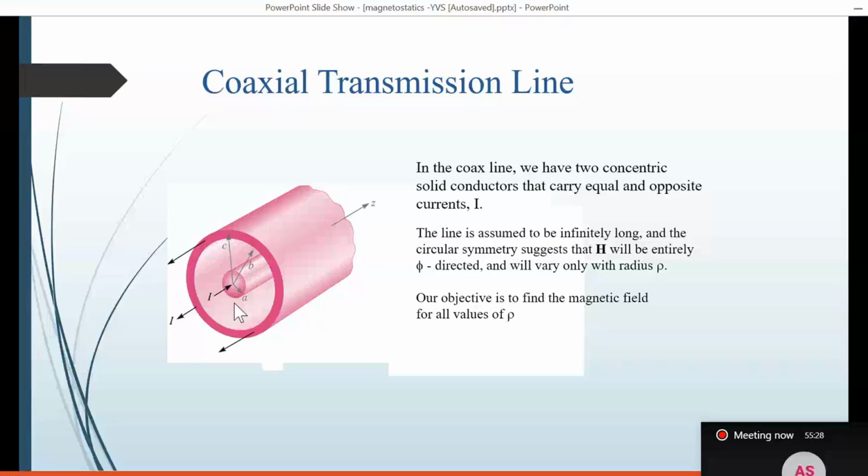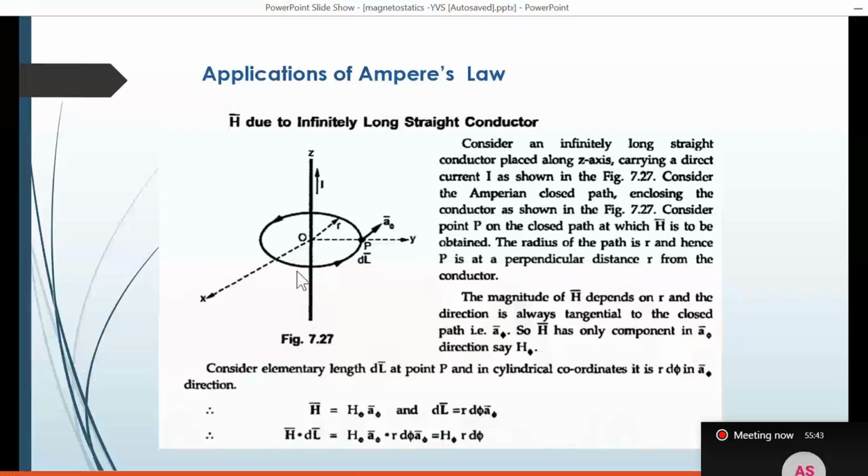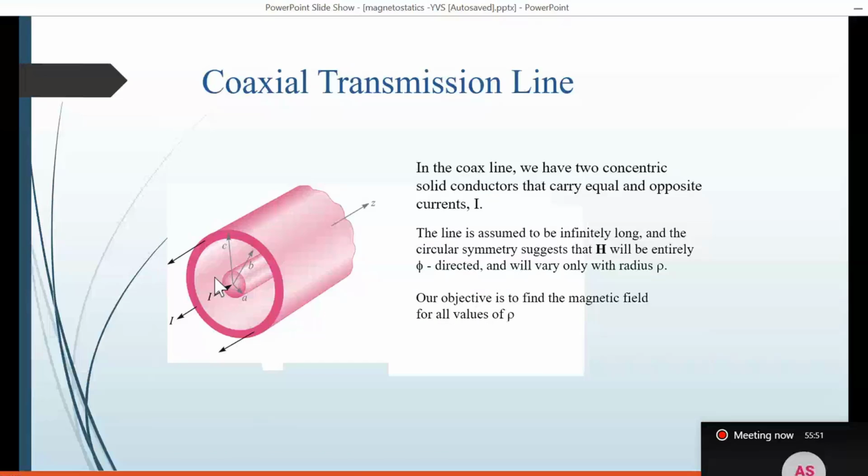The circular symmetry suggests that H will be entirely phi directed, meaning directed along the phi direction. So it is phi directed and will vary only with radius. It depends solely upon the radius. At whichever radius you want to find the intensity, the intensity value will change accordingly.